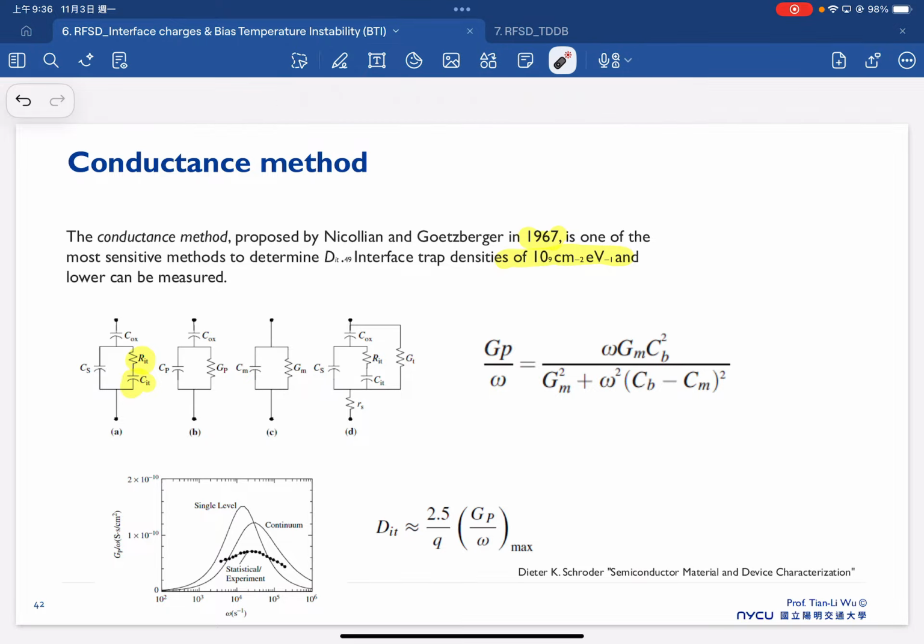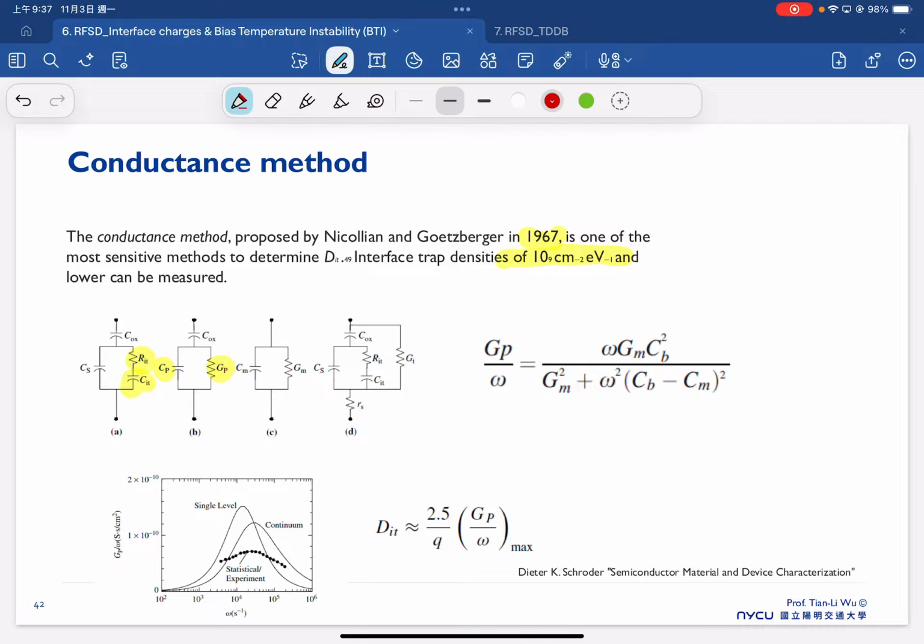So in the beginning, we use the RC components to try to describe the characteristic of the interface state. And then furthermore, we can reconsider this network as a parallel capacitance versus a parallel conductance here.